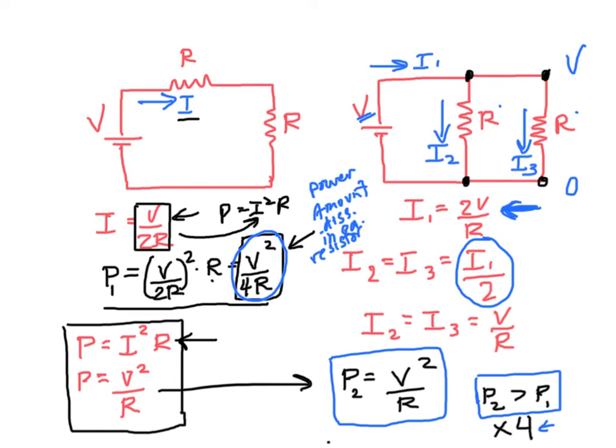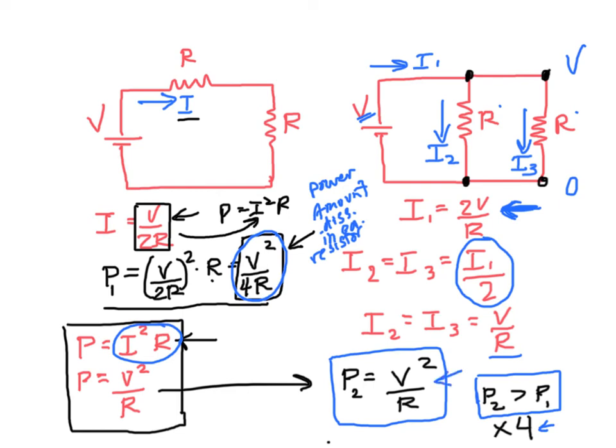So the current through each resistor is just V over R. I take the 2V over R and divide by 2 and get V over R. Okay, so that is another way. If I wanted to, I could go back and use this version of the equation, and I'd get the exact same answer that I've already gotten, just using the current instead of the voltage.